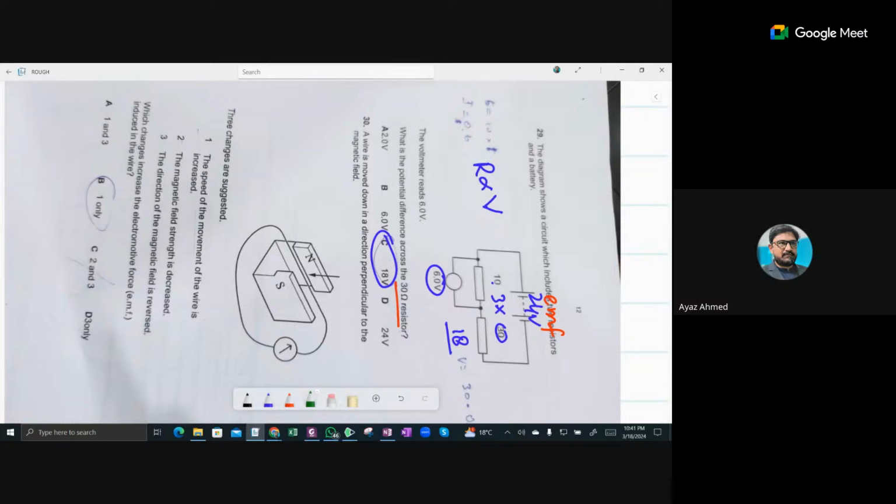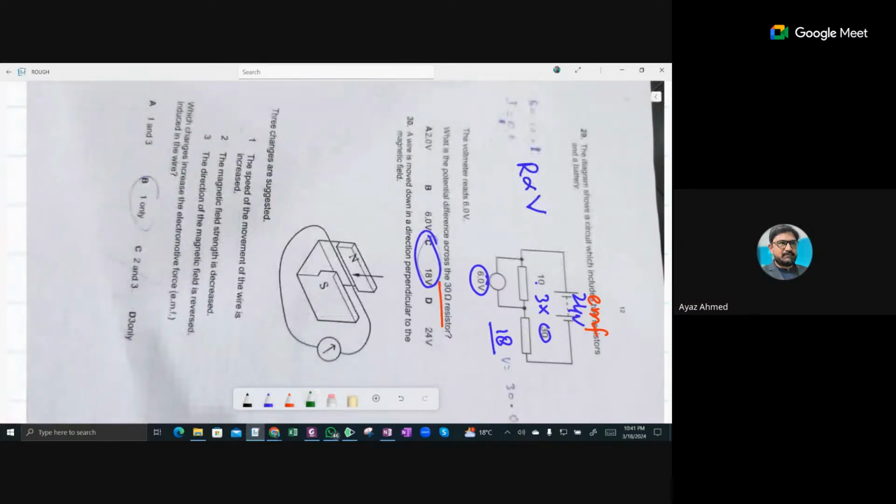So next, there is a wire moved in a direction perpendicular to the magnetic field. Three changes are suggested. The speed of the movement of the wire is increased, so it would increase the deflection. The magnetic field strength is decreased, so it would decrease the deflection.